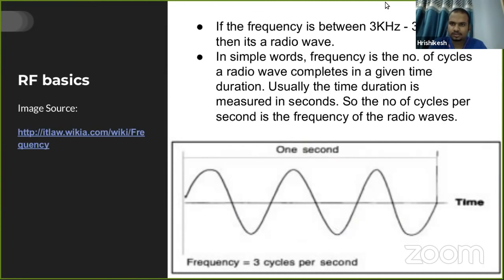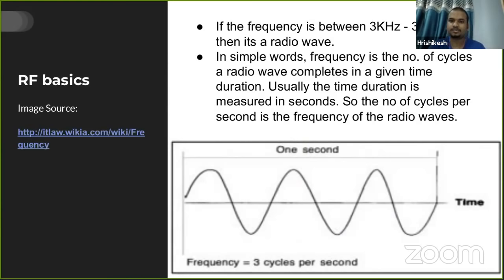If the frequency is between 3 kilohertz to 300 gigahertz, then it is a radio wave. These are some boring textbook definitions which I have to say and make you understand. In simple words, frequency is the number of cycles a radio wave completes in a given time duration.